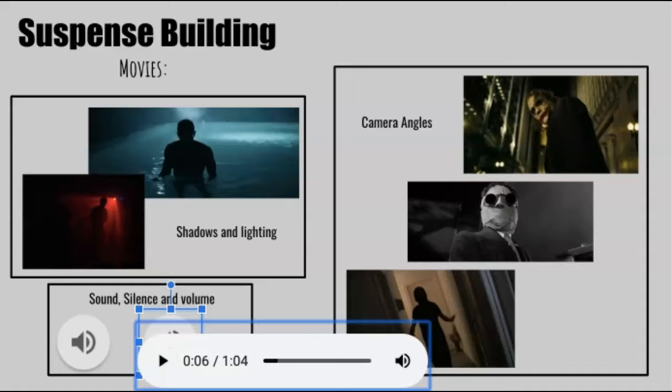So those are just some examples of how suspense can be built and maintained throughout a movie.